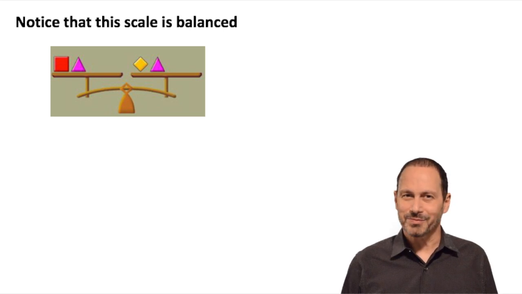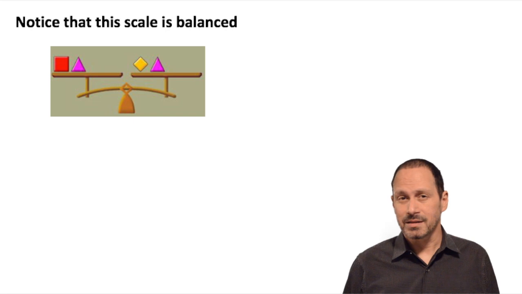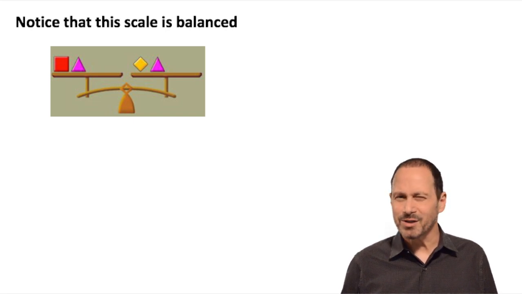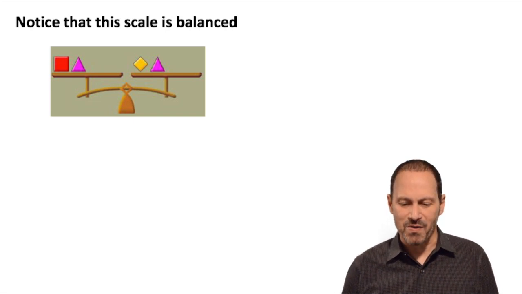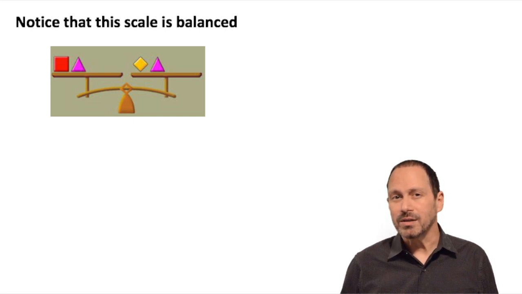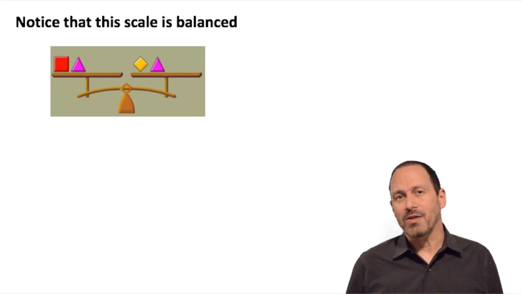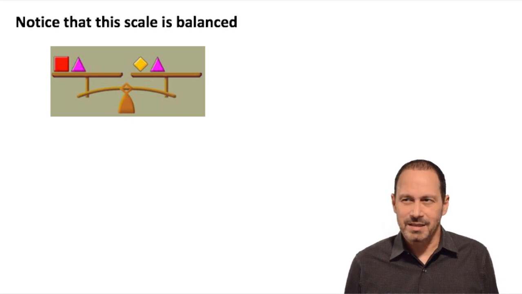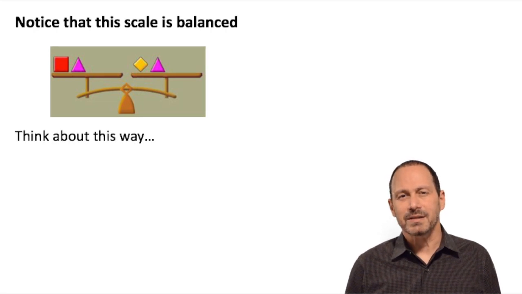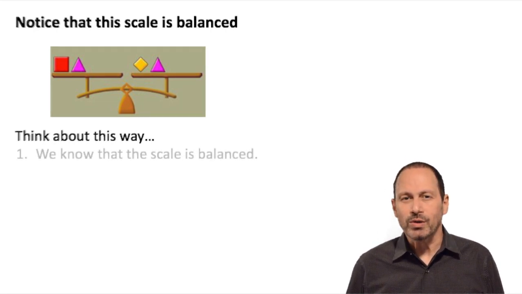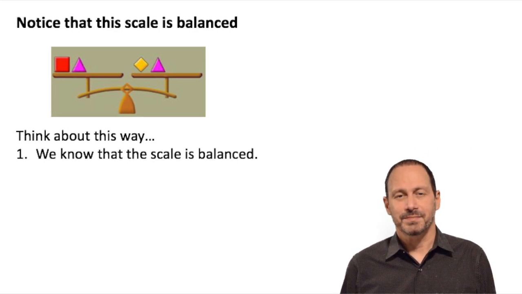Look at the scale and notice that it is balanced. So if the scale is balanced, what can we infer about the weight of the square, the triangle, and the rhombus? Let's think about it this way. We know that the scale is balanced.